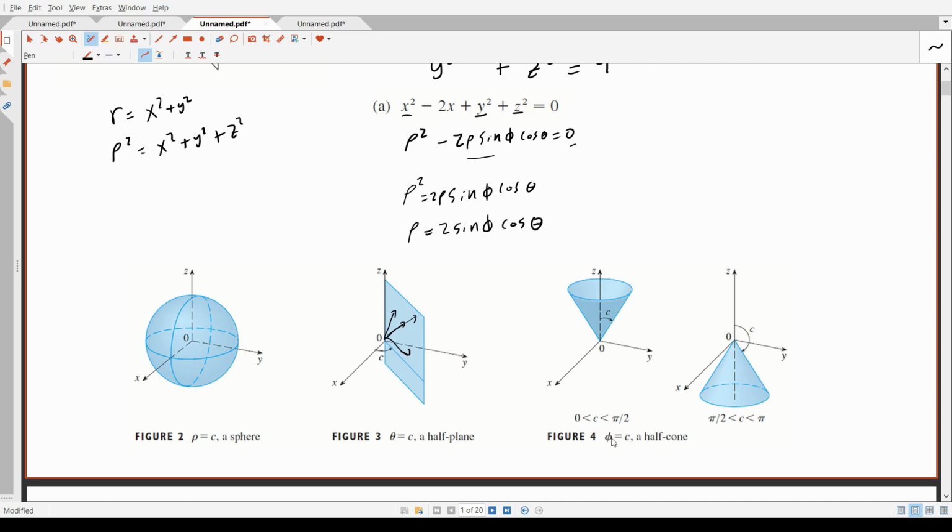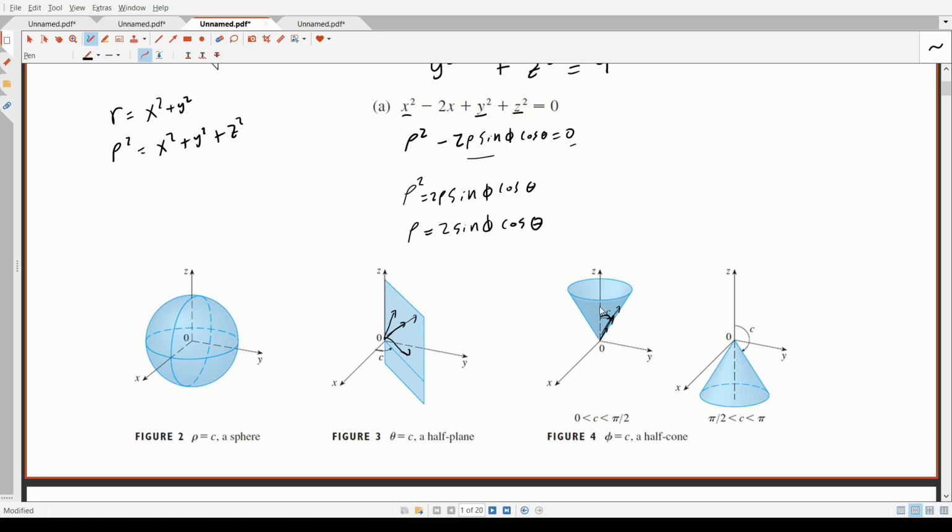And if phi is constant, phi is this angle here, the angle from the z-axis. Here I can pick any theta, it's rotated all the way around the x and y axes, and I can pick any radius.